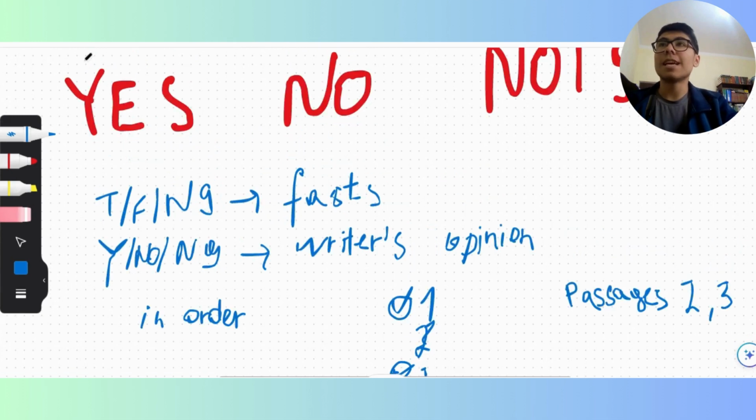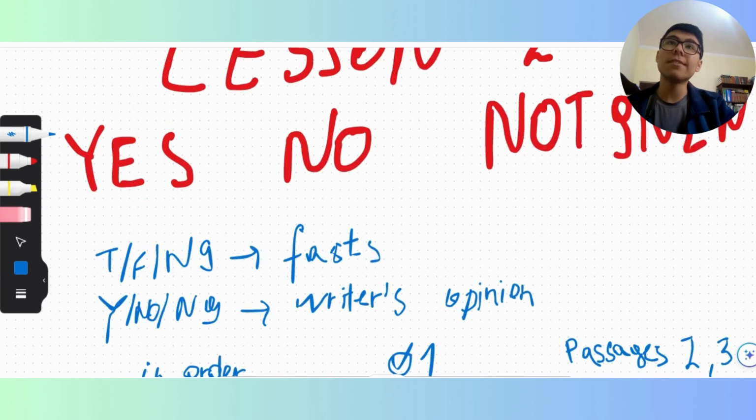You're going to choose Yes if there is information about that. You're going to choose No if you can correct that statement based on the passage, or if the information in the passage contradicts the information in the question. You're going to choose Not Given when it might be yes, it might also be no, but there's not sufficient information about that.